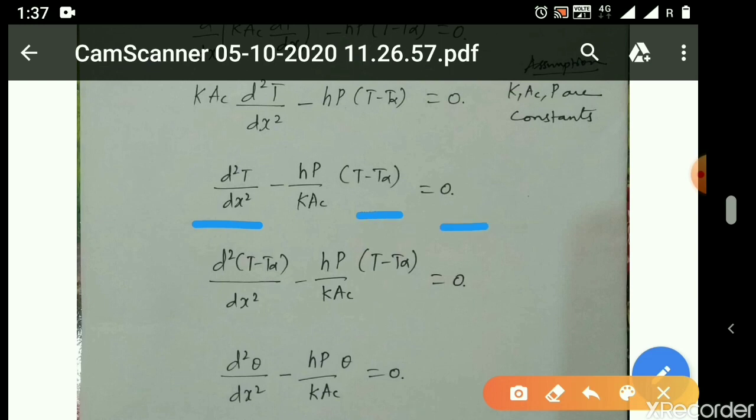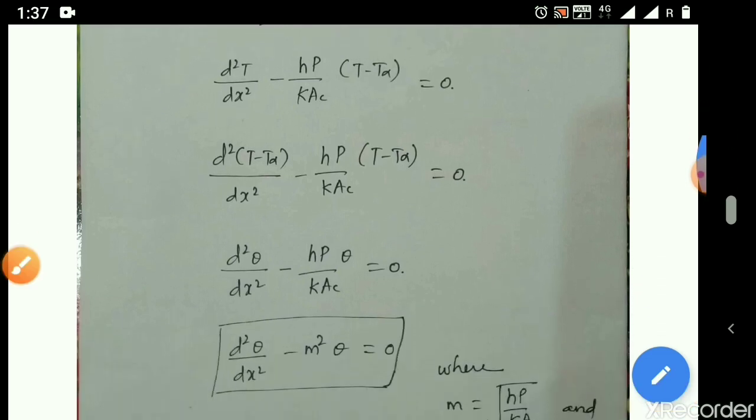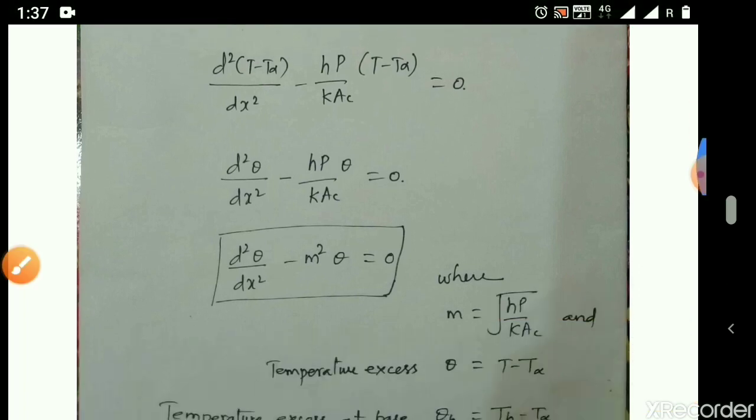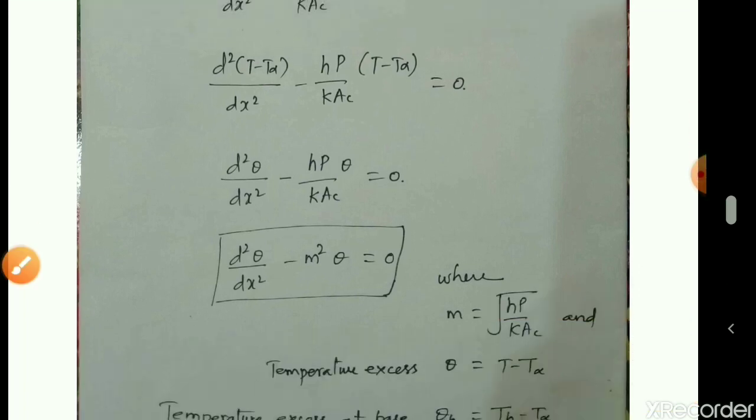Now we can write d square T by dx square as d square of T minus T infinity divided by dx square, since T infinity is a constant value, the surrounding fluid temperature. And now we can replace this excess temperature T minus T infinity with another parameter called theta, which is the temperature excess.